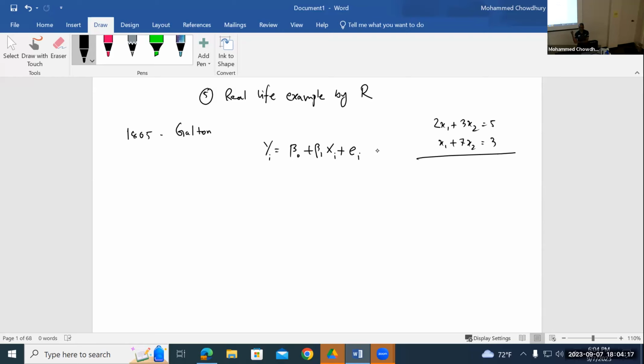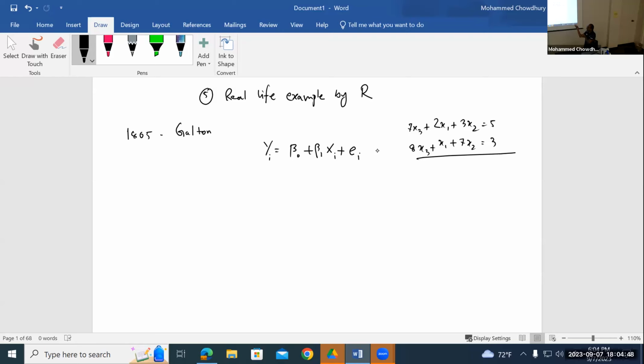This is a system of linear equations with two unknowns.